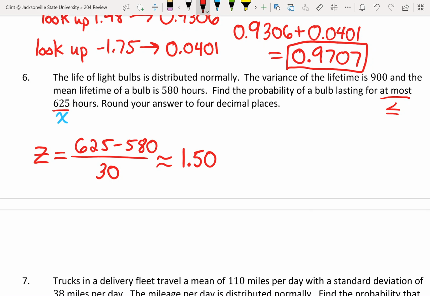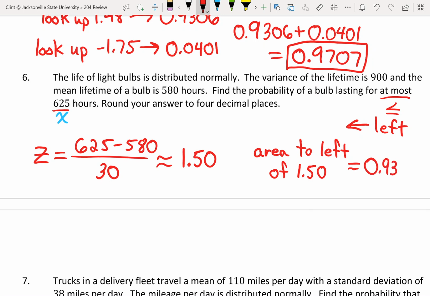To the left, yeah, less than points to the left. So we want the area to the left of the z value we got. So we just look at 1.50. So 0.9332. Our probability.